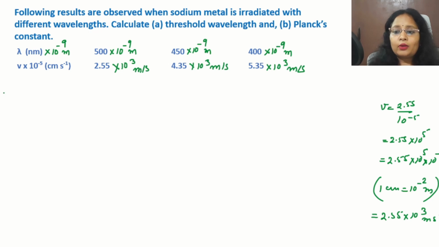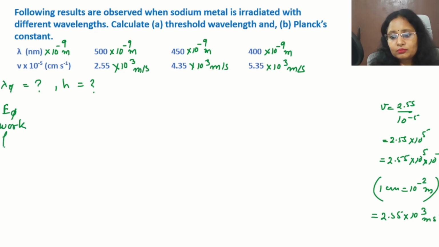We need to calculate the threshold wavelength, that is lambda naught, which is not known, and Planck's constant is also not known. We need to find this too. To find lambda naught, we have the value that E naught is work function. E naught is equal to hc upon lambda naught.